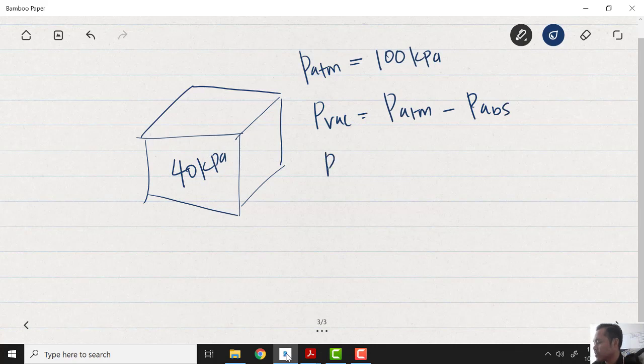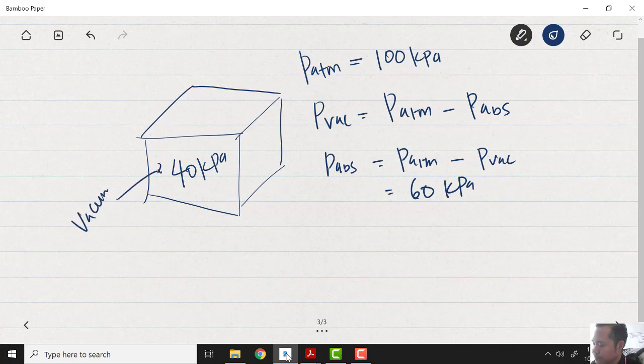So PABS equals PATM minus P vacuum, and we got 60 kilopascal. Here is the vacuum pressure. Alright.